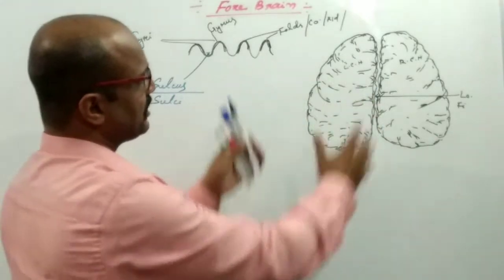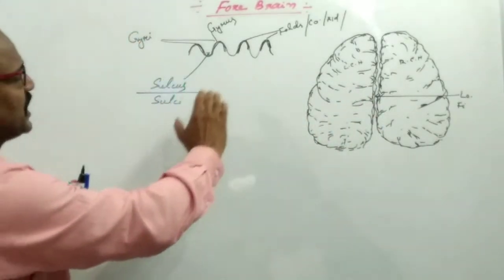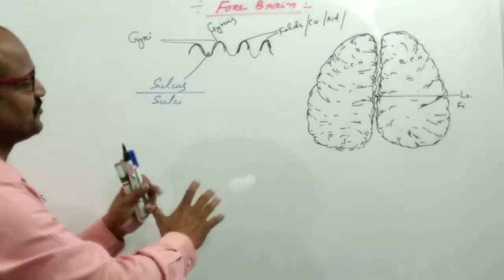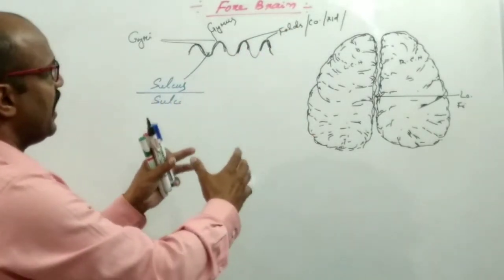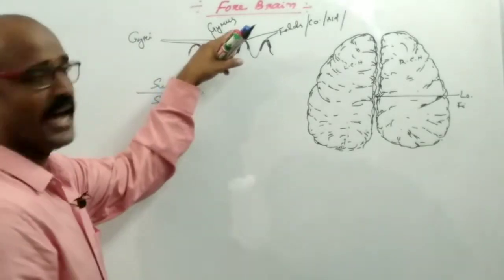The surface of the cerebral hemisphere has a number of folds, also known as convolutions or ridges, and these folds are known as gyri, the singular is gyrus.